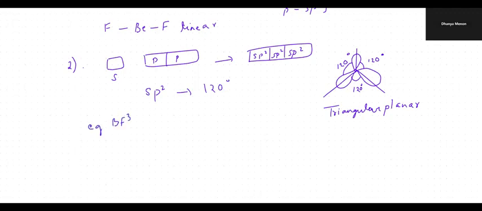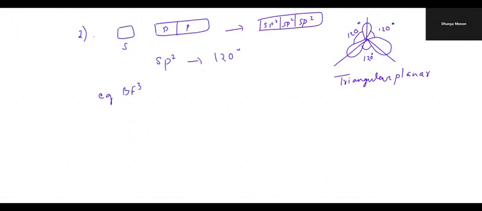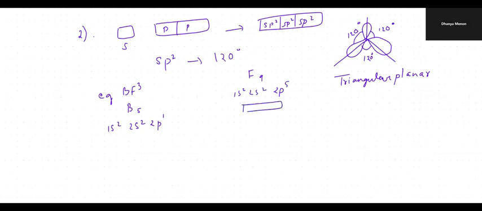Now boron has an atomic number of 5. So the configuration is 1s2, 2s2, 2p1. Fluorine, the atomic number is 9. I have 1s2, 2s2, 2p5. So this is the 2p orbital of fluorine. So 1, 2, 3, 4, and 5.